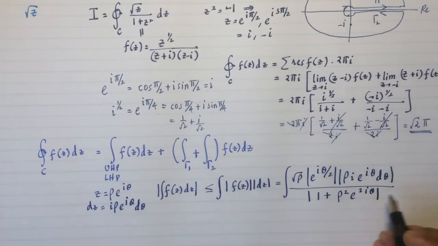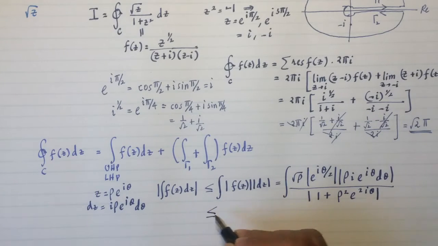Now as before, we want to make this integrand independent of theta, so we'll use the maximum value. e to the 2i theta is cosine 2 theta plus i sine 2 theta. The maximum value of that is 1. Well, actually I need the minimum value because I want to make the denominator as large as possible.